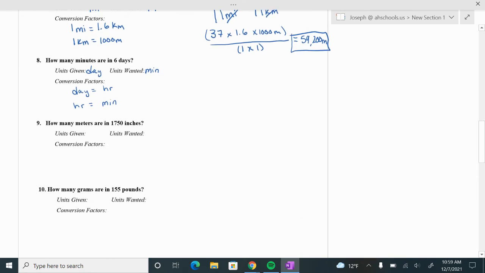Number 9, all right: how many meters are in 1,750 inches? We're given inches, and we want meters. There are a couple of different ways to do this one, but I like to go from inches to centimeters and centimeters to meters. You'll need to add in the numbers there.